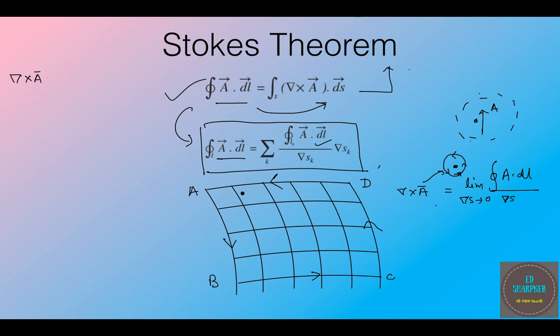I'll explain to you how. We will divide the whole area into different small areas. Every part of it has the area del sk, and the length around each path is lk. That is again a closed path, so we have put a contour.